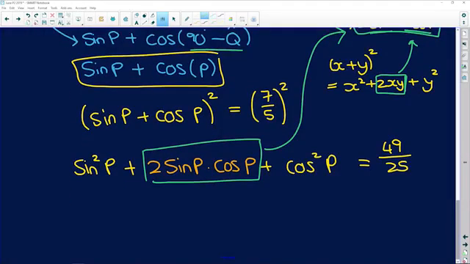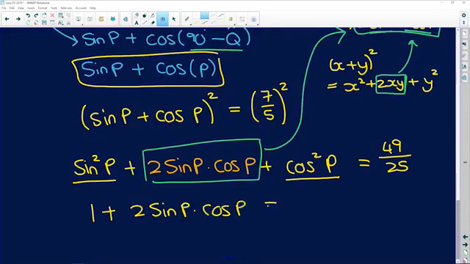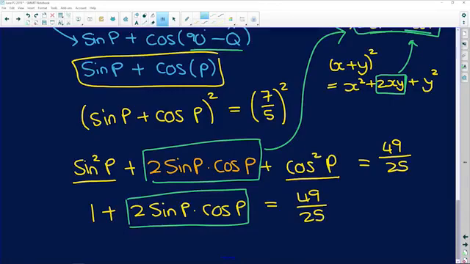Well, remember, guys, sine squared of any angle plus cos squared of the same angle is always going to give us 1. So those two there give us 1 plus 2 sine of p multiplied by cos of p. And the right-hand side stays the same. Okay, so now we have a number value plus that expansion that we needed is equal to another number value.